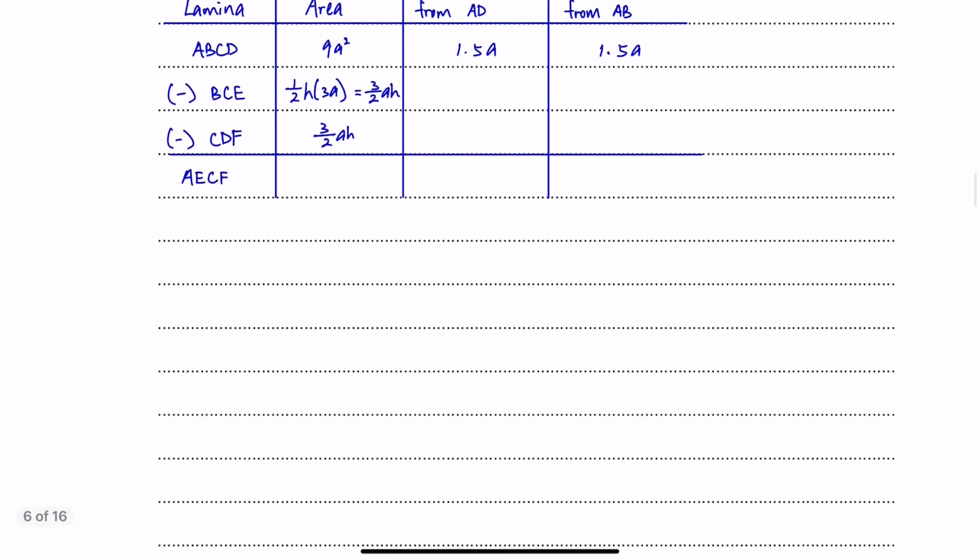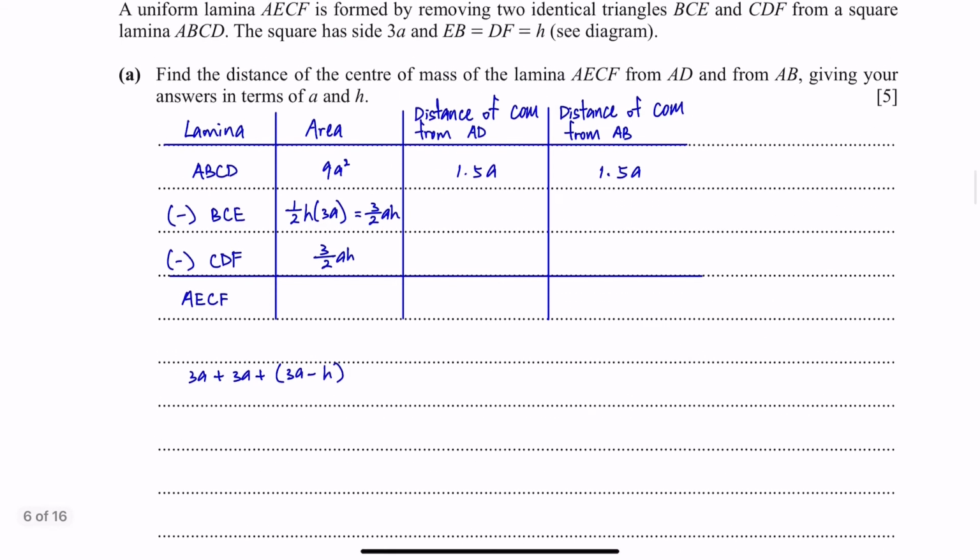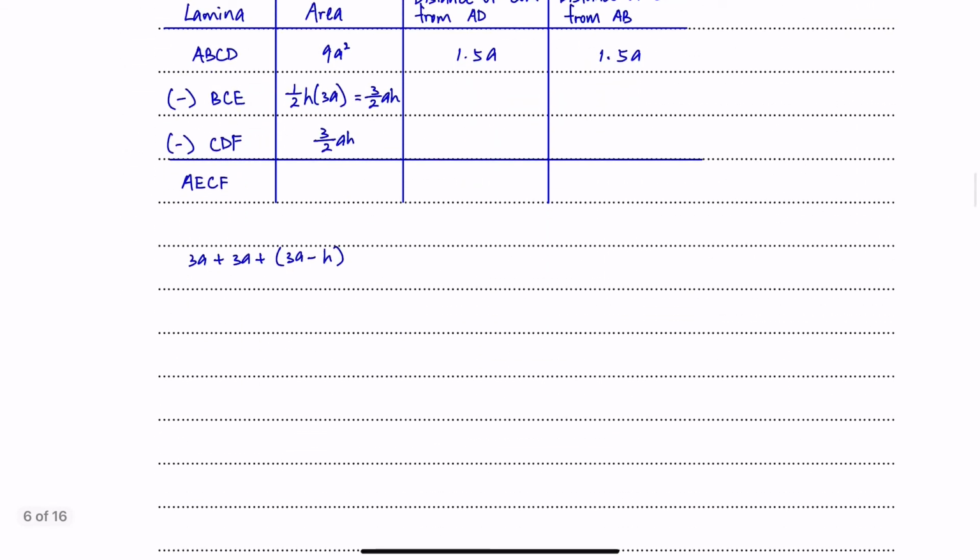So we have 3a plus 3a plus 3a minus h, over 3. So we have 9a minus h over 3.